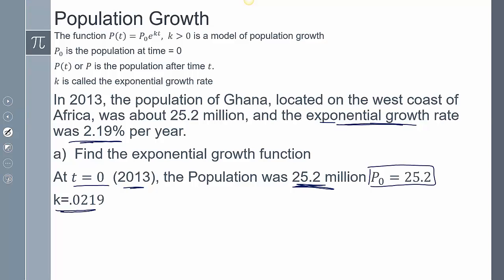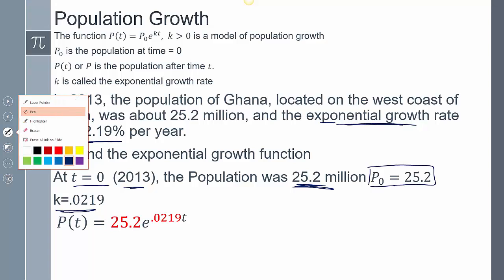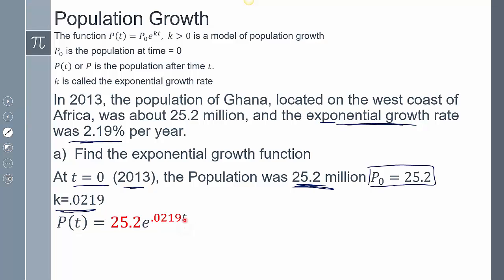So in decimal form, I can say that my k is going to be 0.0219. So plugging those two elements into my function, my P of t is going to be 25.2 e to the 0.0219t. So I wrote it as a function that models t as my input.